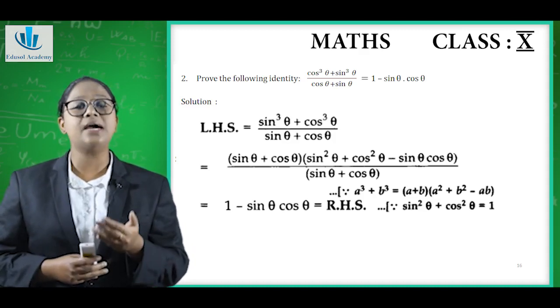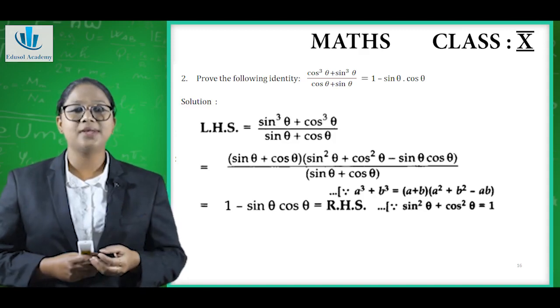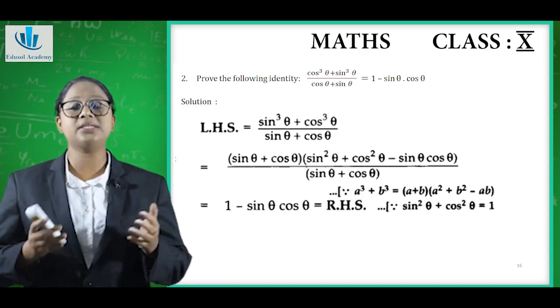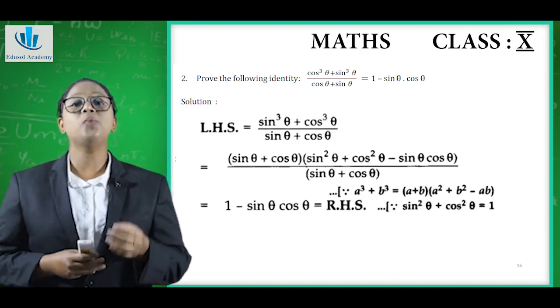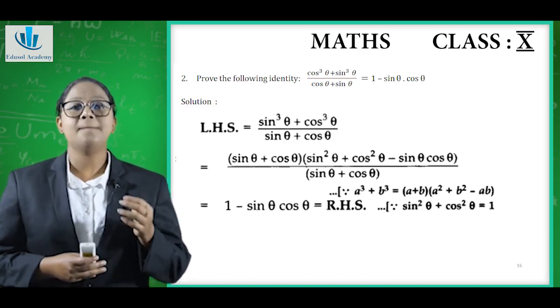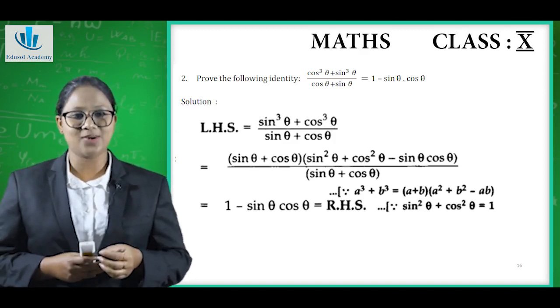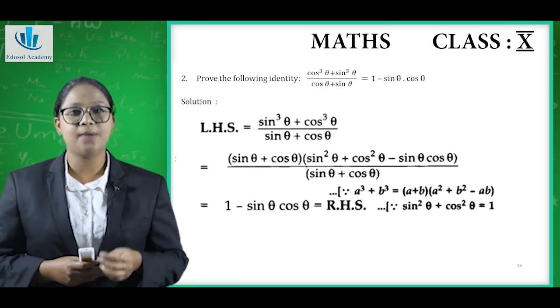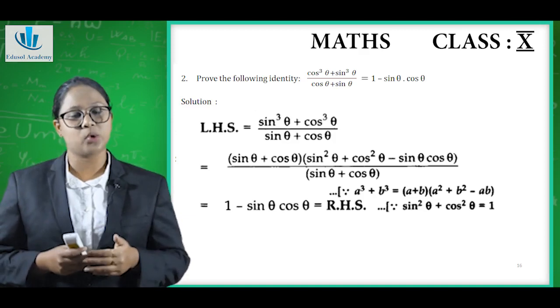So cos cube theta plus sin cube theta is in the form a cube plus b cube. So you have to expand it using the identity, that is equal to a plus b into a square plus b square minus ab. So the numerator will become sin theta plus cos theta into sin square theta plus cos square theta minus sin theta cos theta, by sin theta plus cos theta.